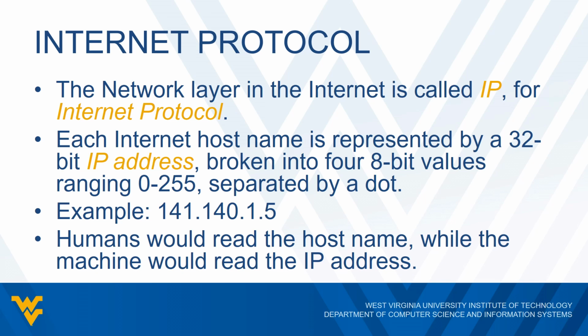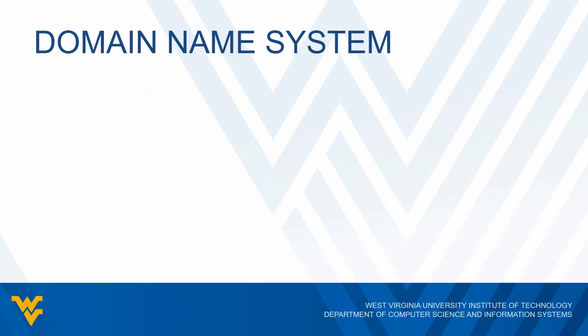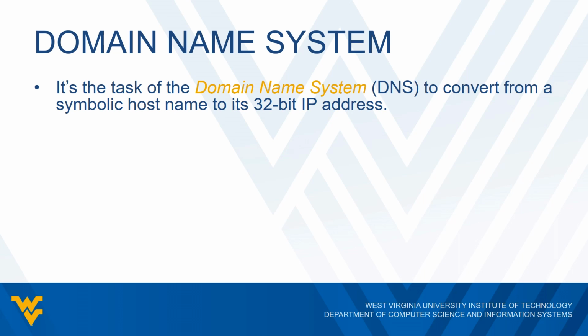Humans would read the host name, but the machine would read the IP address. Each part here would be converted into binary. The host names and IP addresses correspond to the same thing. Now, it's the task of a special internet application called the Domain Name System, or DNS, to convert from a symbolic host name, such as wvu.edu, to its equivalent 32-bit IP address.